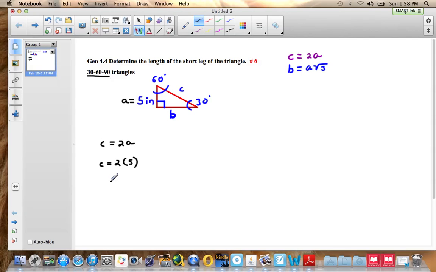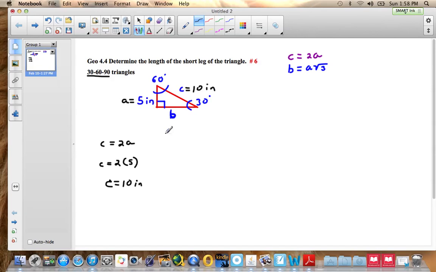So then C would equal 10. What I'm basically saying is that the length of C is going to be 2 times the length of A, which makes sense because as I just figured out, C equals 10 inches. And so then C would equal 10 inches.